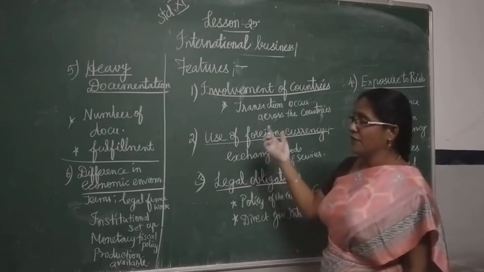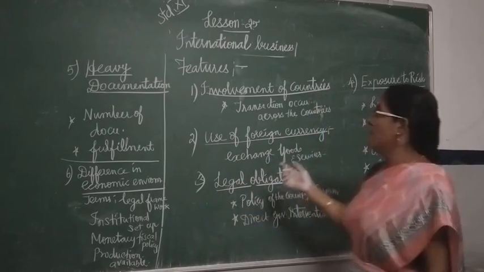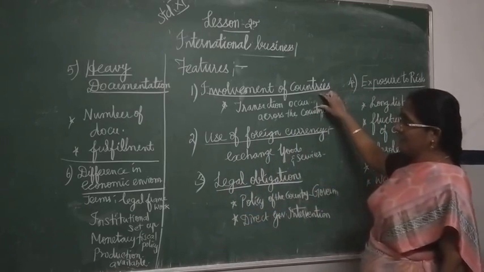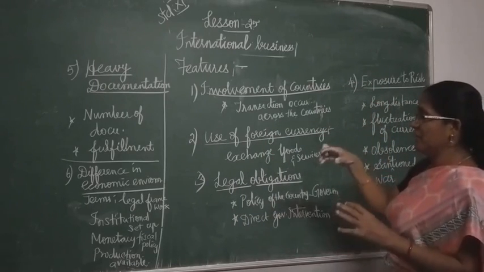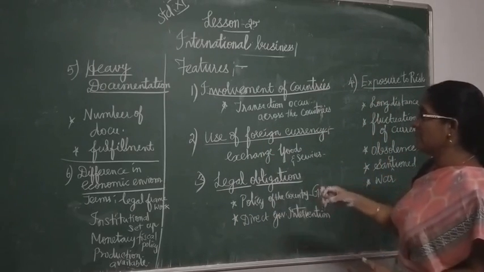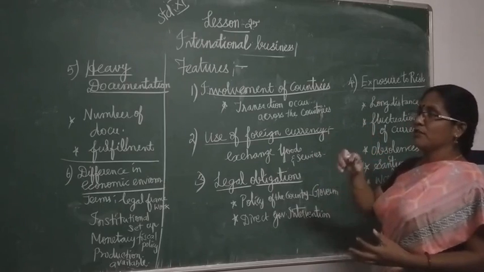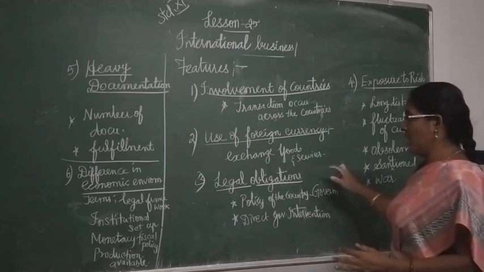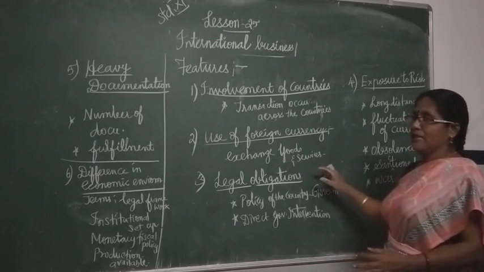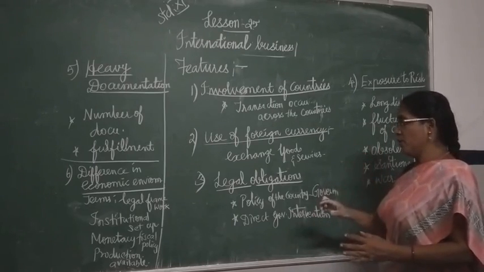So these are all the features we have discussed. What are all the features? Involvement of countries. Various countries are involved, and we are going to exchange the goods and services in that particular foreign currency. Legal obligations. So many countries have import and export policies.